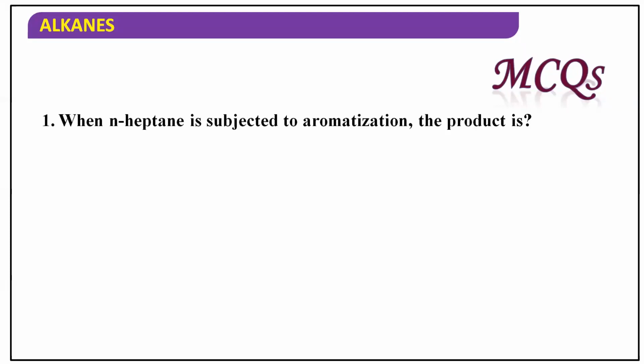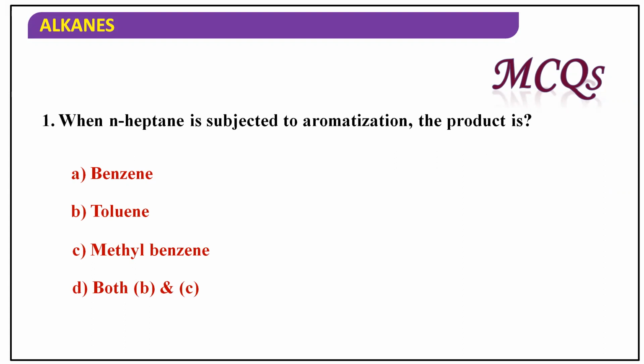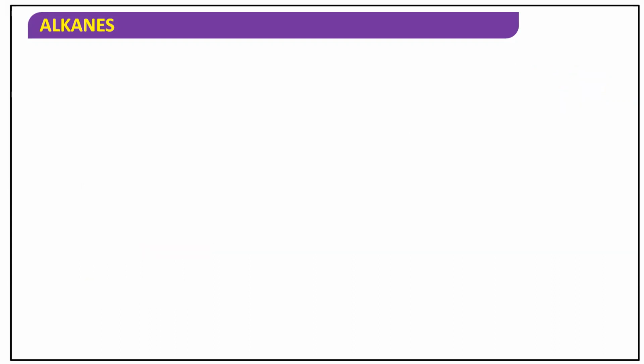Next, when normal heptane is subjected to aromatization, what is the product? Normal heptane has 7 carbons. For benzene, we need only 6, so 1 is extra, 1 methyl is extra. So it will be toluene or methyl benzene.